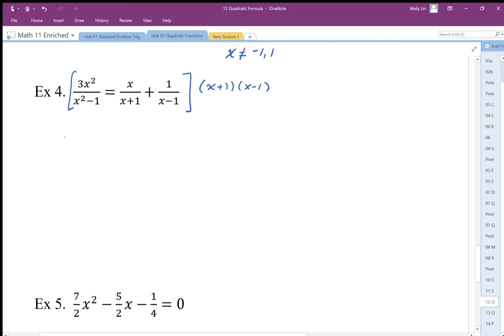So we end up with 3x squared is equal to x plus 1's cancel out, so we end up with x times x minus 1, plus x minus 1's cancel here, so we end up with 1 times x plus 1. Okay, multiply this out.